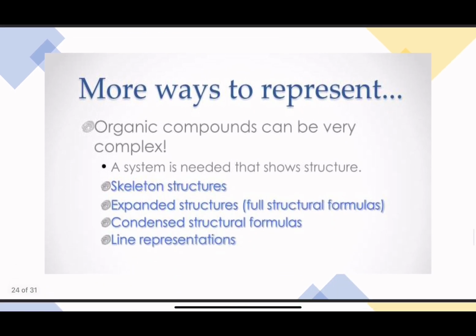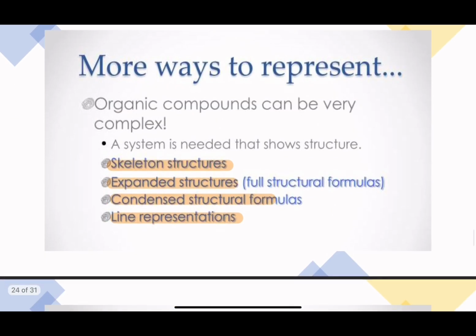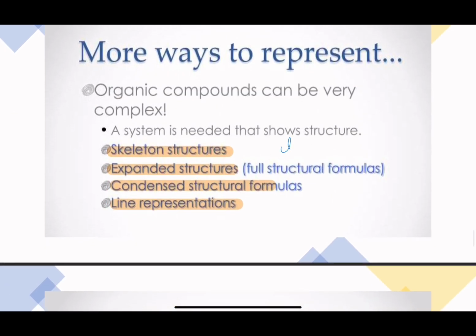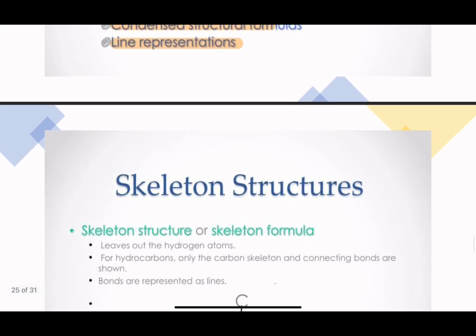More ways to represent. We have a couple of ways. One is skeleton, one is expanded, one is condensed, one is line, and then the other one they forgot to put in here, which is molecular. Molecular, I already showed you how it is. Skeleton, I'm going to show you alongside expanded.